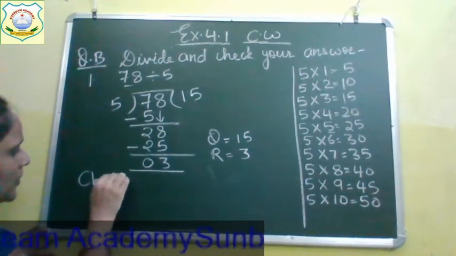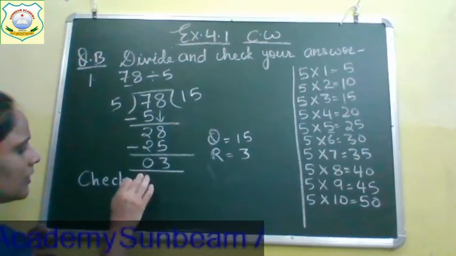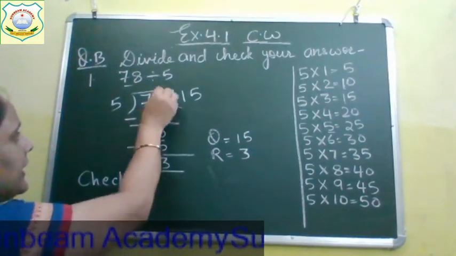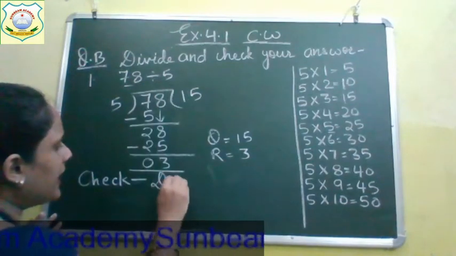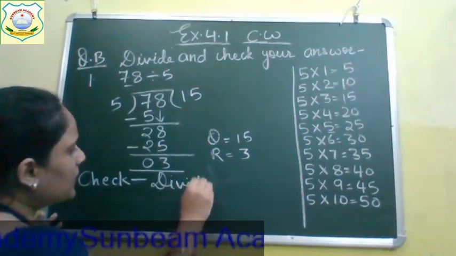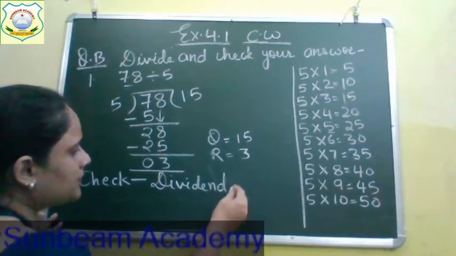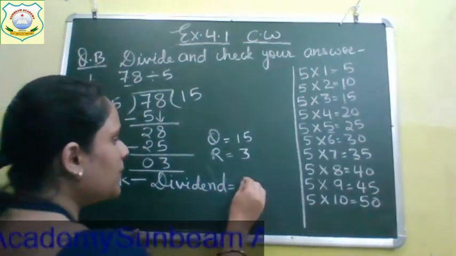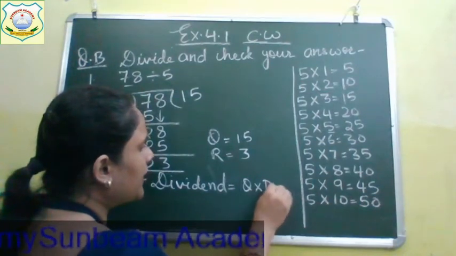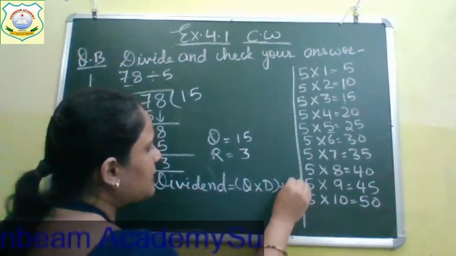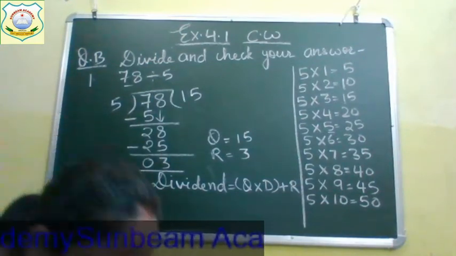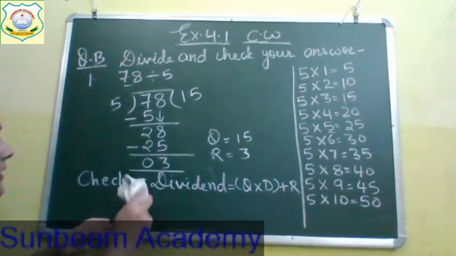Check: what do we have to find? Dividend, that is 78.